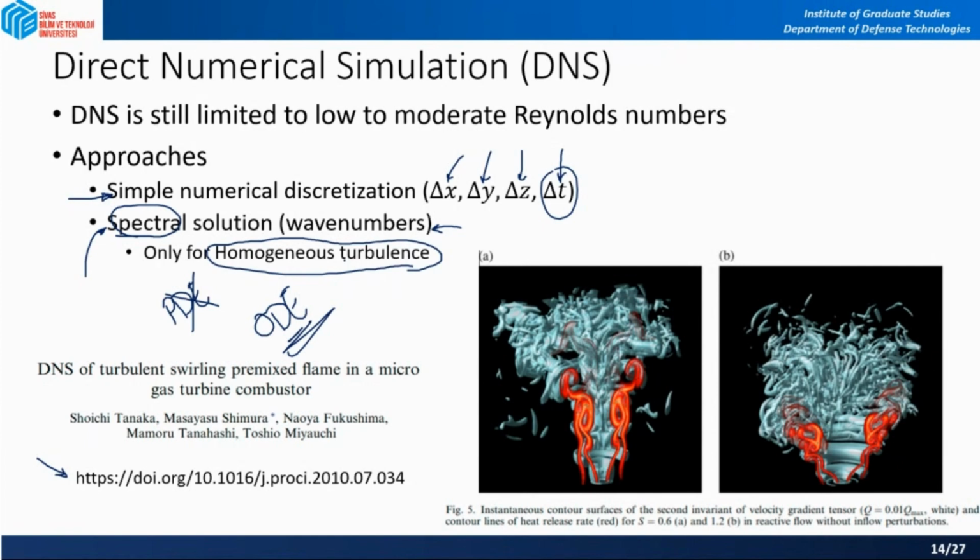It's a high cost, limited to low to moderate Reynolds numbers still. The finite difference method works for both homogeneous and inhomogeneous turbulence, but the spectral or pseudo-spectral approach, which works on the wave numbers instead of physical space, is only valid for homogeneous turbulence.